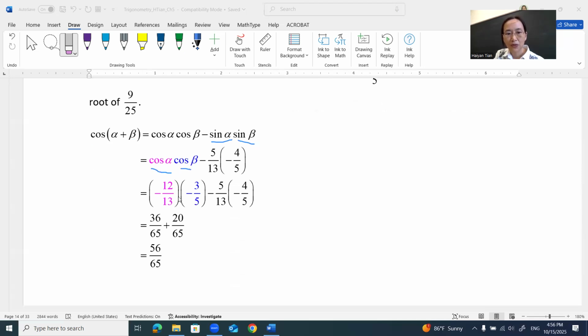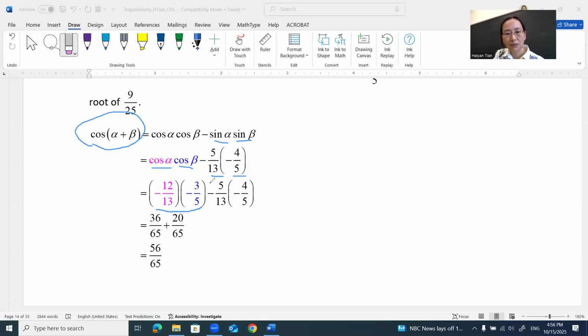We put all the known values in, and now we're ready to apply this formula to get the cosine of the sum.